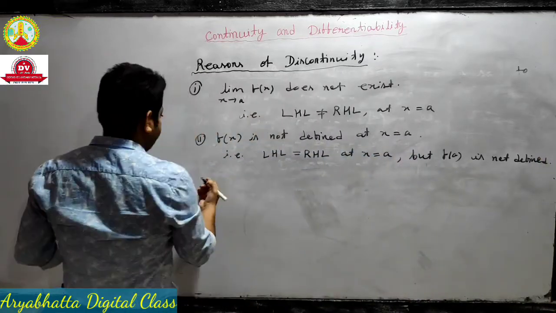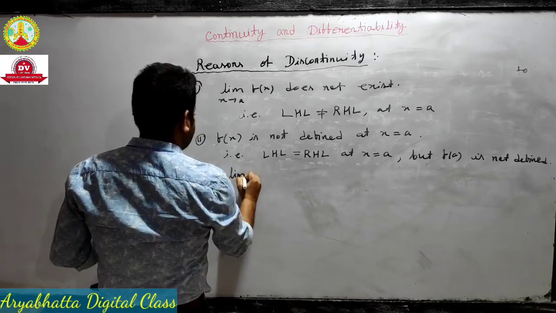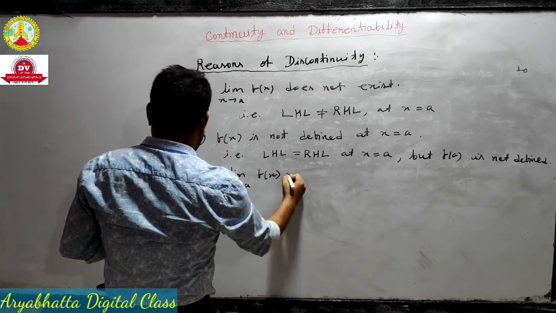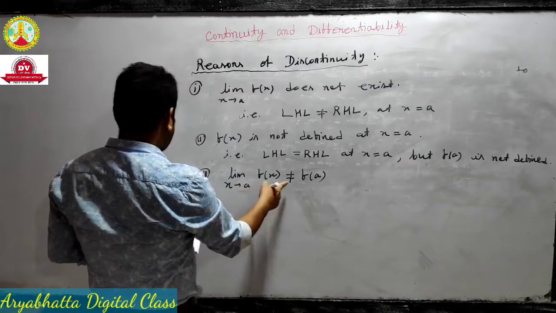Next, number three, limit x tends to a of f of x is not equal to f of a.